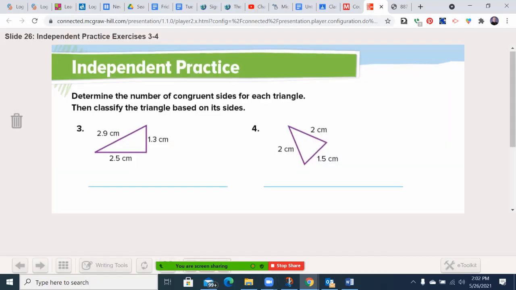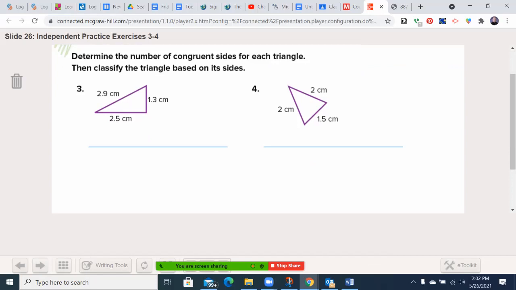All right, some practice ones for you. Do number 3 and 4 based on its sides. So that's probably going to aim you towards the data on 915. Go ahead, pause the video and unpause when you're ready. All right, let's see how you did.